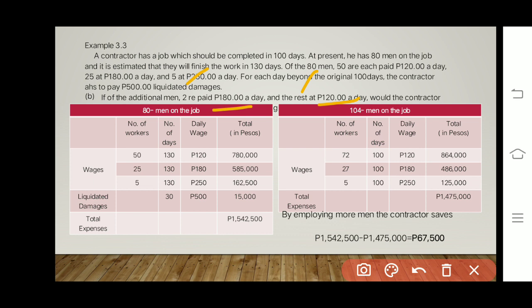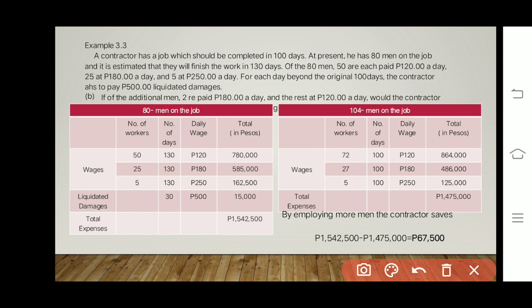Kapag ba pinanatili niya yung 80 men, mas makakatipid ba siya o mas makakatipid siya kapag nag-hire ng additional men? Kasi makakasave siya ng liquidated damage. Compare dito kay 80 men, hindi nga siya magpapasahod ng additional men, pero magbabayad naman siya ng liquidated damage.